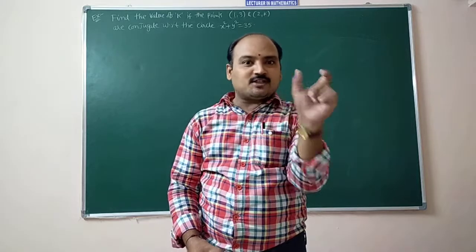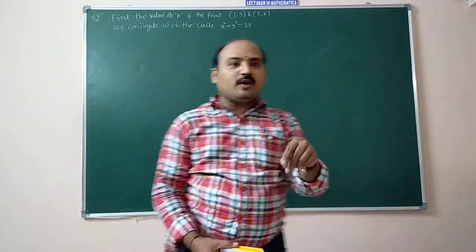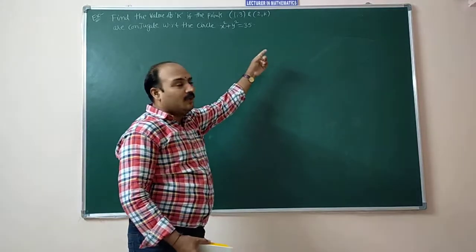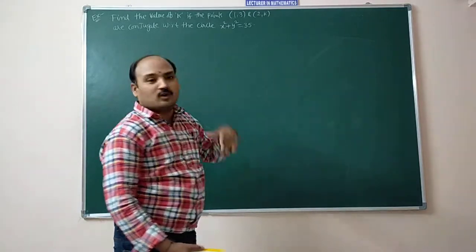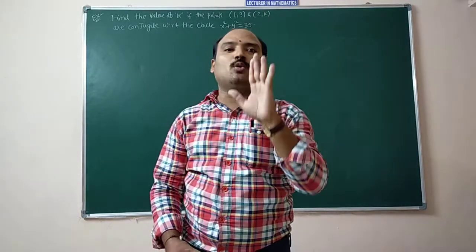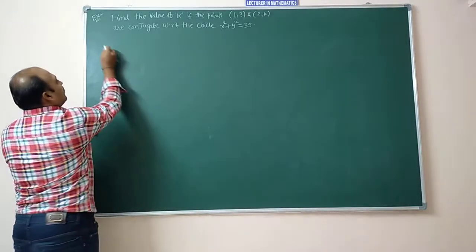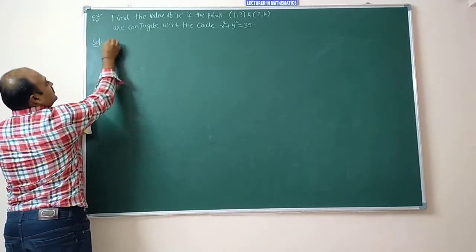That time you have to consider S12 and prove that the value is 0. Suppose they ask to calculate some unknown value k, if the points are conjugate with respect to the circle, that time you can directly consider S12 equal to 0. Why? Because the points are conjugate. So this type of question is important for 2 marks.